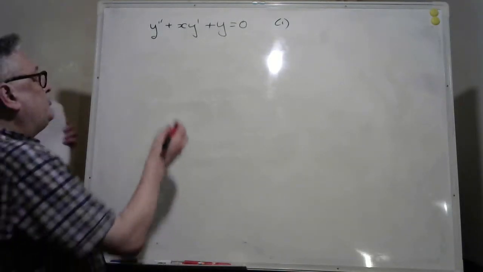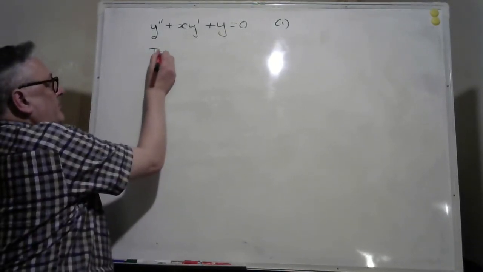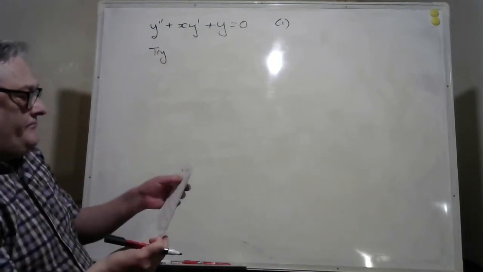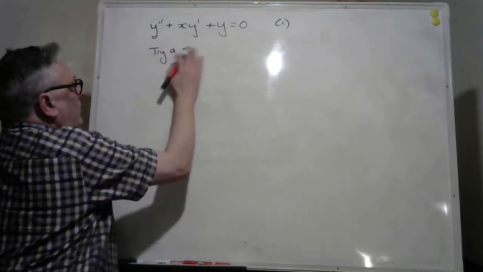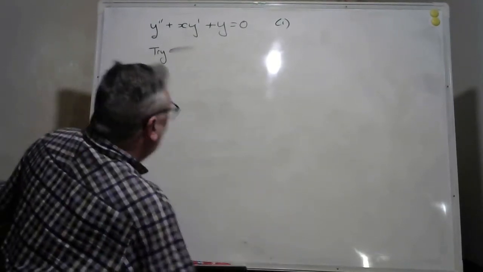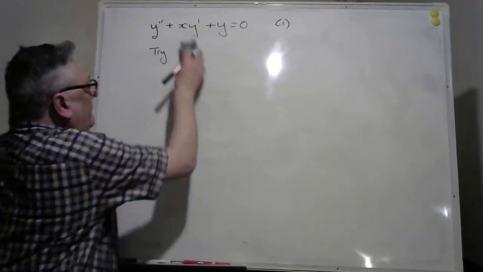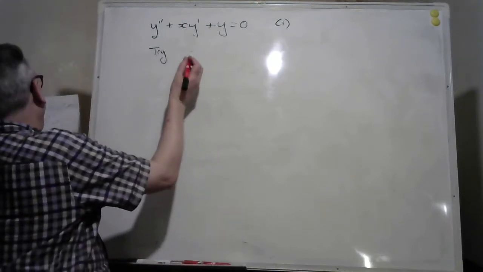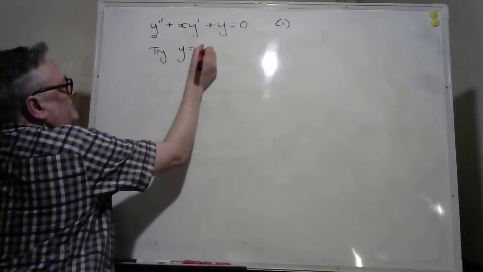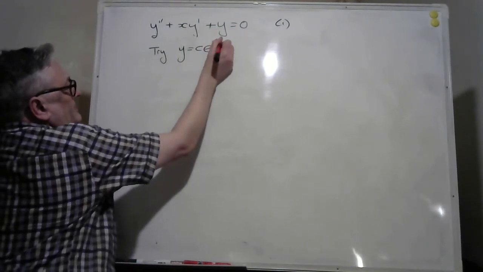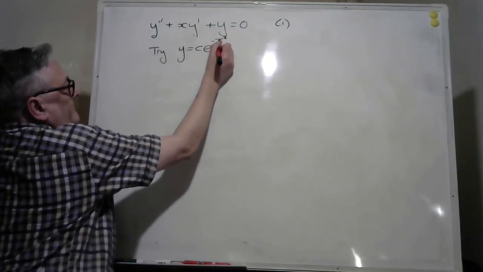So we're going to try y equals ce to the minus x squared over 2.